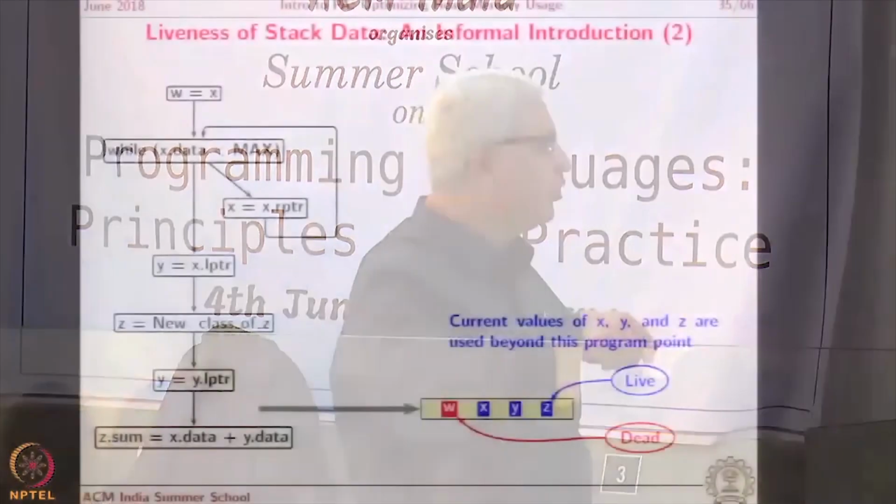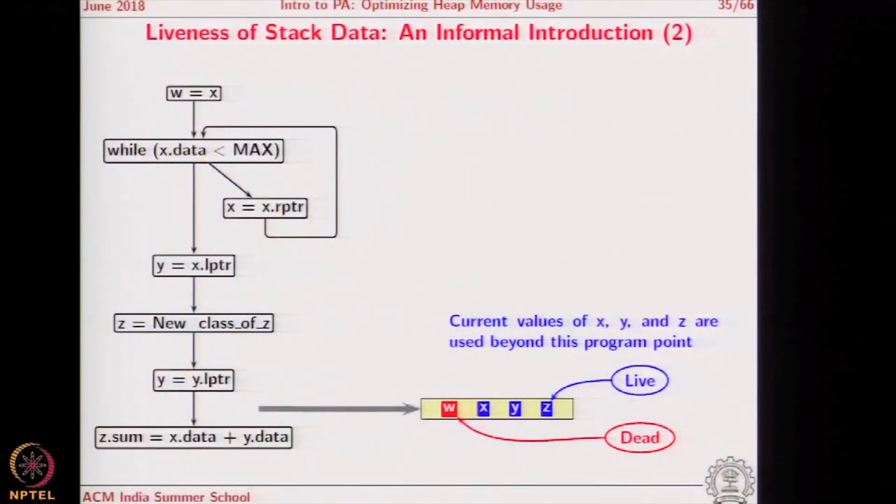Yes. So, although the value of y is being overwritten, we have to keep in mind the semantics of the assignment. The right hand side is evaluated before the left hand side is written into, and in order to evaluate the right hand side, we actually are reading the value of y. So, when we have the same variable appearing on both left and right hand side, it is clear that the variable continues to be live.